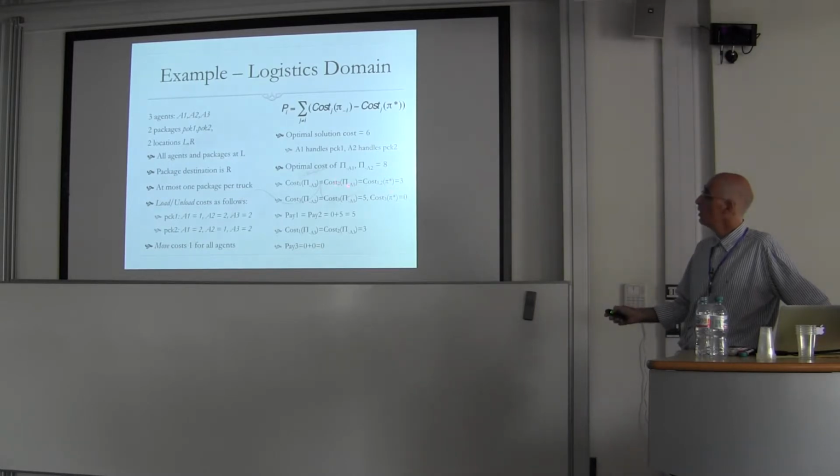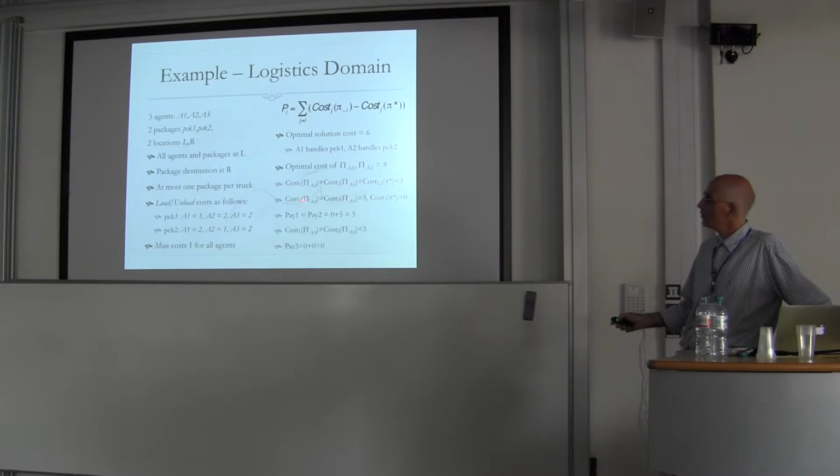Similarly for agent 2, if we exclude agent 1, agent 2 will still be in charge of package 2 and will do the same work. So in the optimal plan, these agents are not impacted. Agent 1 is not impacted by removing agent 2, and agent 2 is not impacted by removing agent 1.